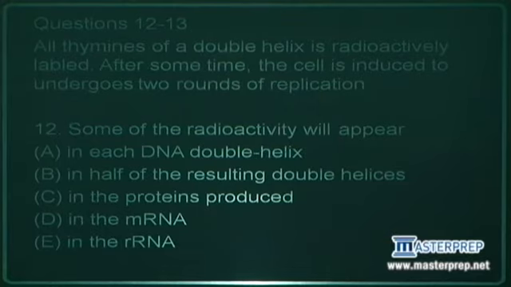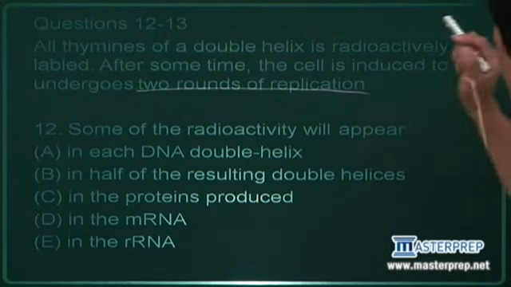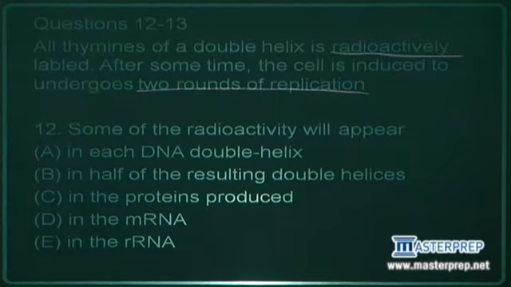Okay, number 12. Wait a minute. All thymines of a double helix are radioactively labeled. After some time, the cell is induced to undergo 2 rounds of replication. Okay, 2 rounds of replication, and it is already radioactively labeled or tagged, right?